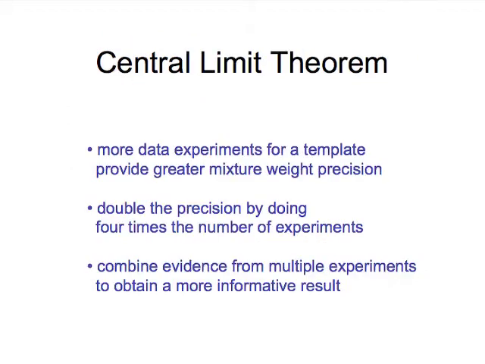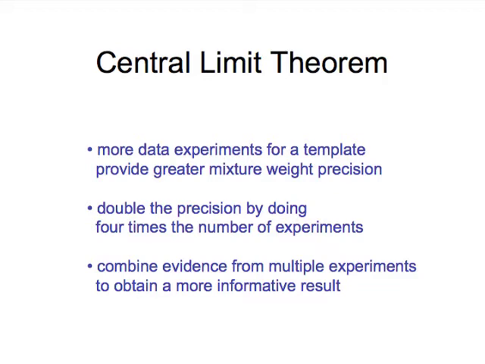Next slide. Standard probability theory tells us that the more data experiments that we have for a template, the greater precision we can get for the mixture weight estimate. For example, to double the precision, you can quadruple the number of experiments. In practice, having 2 multiplex amplifications can give you far more mixture weight precision than just having a single amplification.